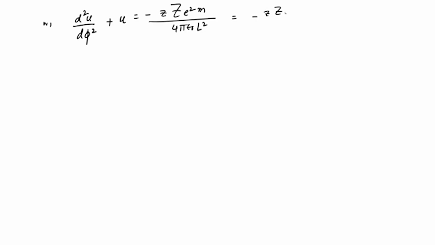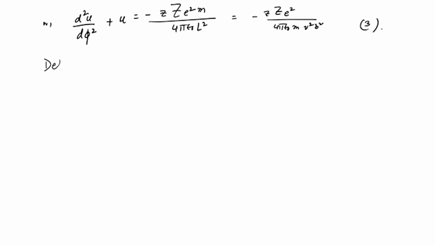So, this is minus small z capital Z E squared m divided by 4 pi epsilon 0 m square v square b square. One of the m will cancel with the m here and you get this. So, let us call this equation 3.